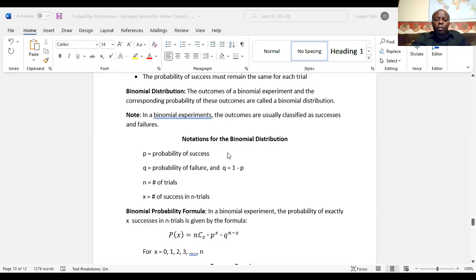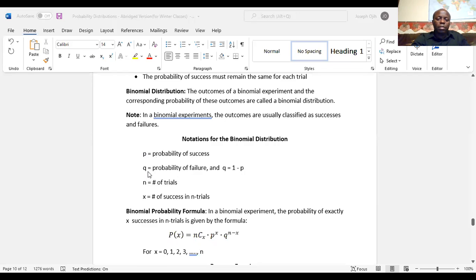Okay, this is it right here. This is where we are: binomial distribution. These are the notations we use for the binomial distribution. P is for the probability of success.